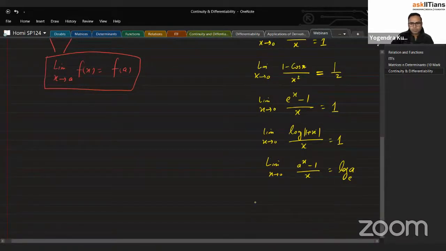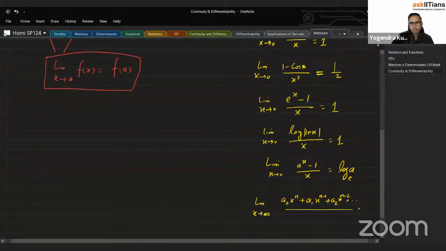Okay, limit x tends to infinity. When there is some polynomial in the numerator, a naught x power n plus a1 x power n minus 1 plus a2 x power n minus 2, right?